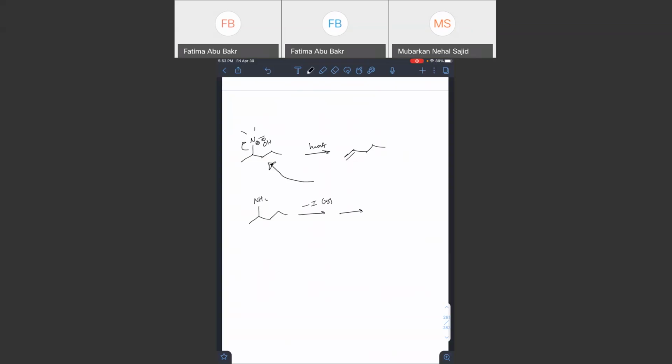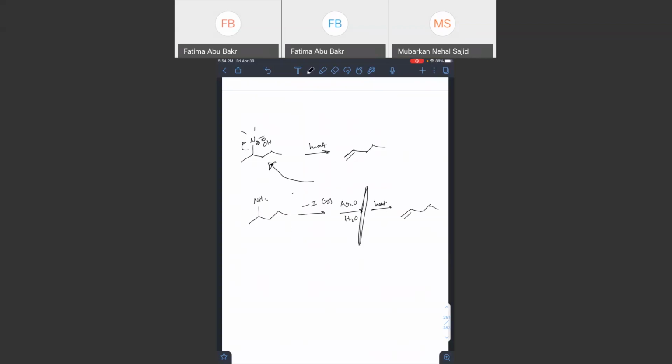Then you react it with Ag2O and H2O. This is really, really important. Then you react it with heat, and you'll get that elimination. So why bunch all these steps together? Because there's no point in drawing out each of these little steps where it becomes a salt and all that kind of stuff. But right at that point, it is a salt.